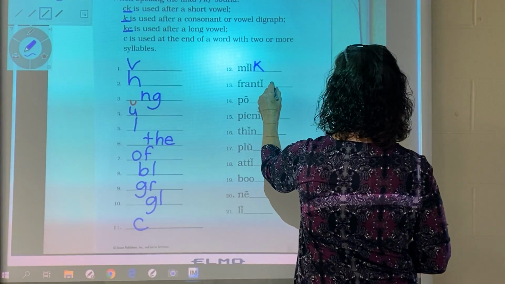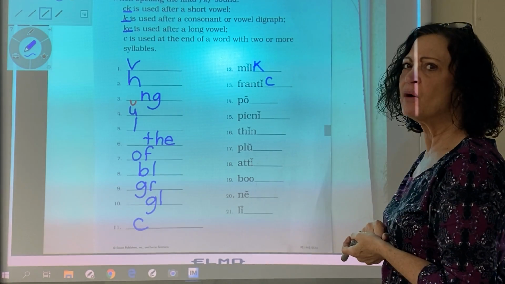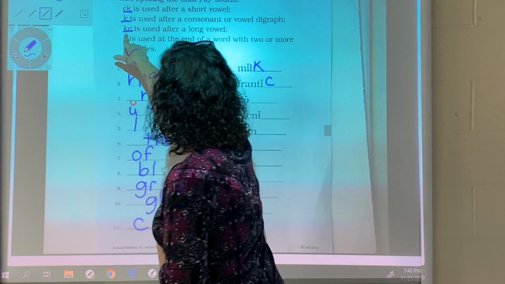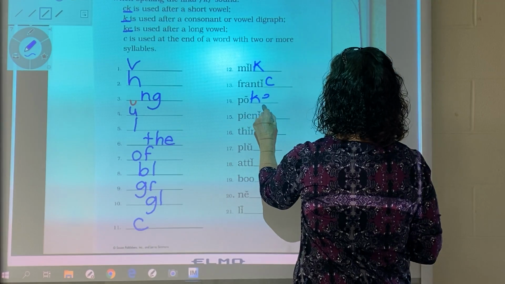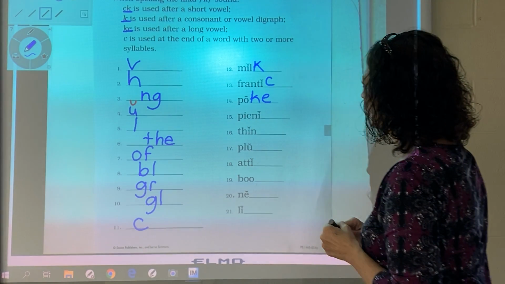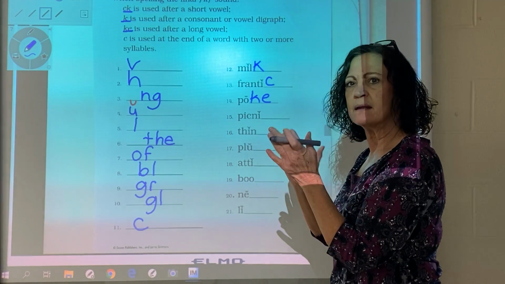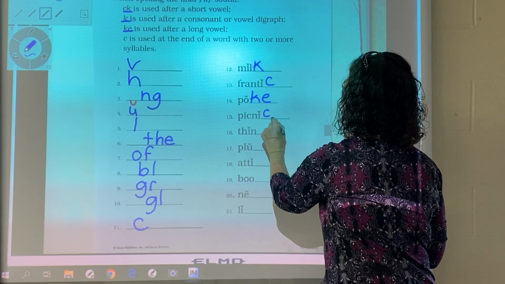I'm going to use the C. This word is poke, and it is a long vowel word. I know that I have to use a K-E if it's a long vowel word. Poke. Picnic. That's a two-syllable word. So right off the bat, I know I'm going to use C.